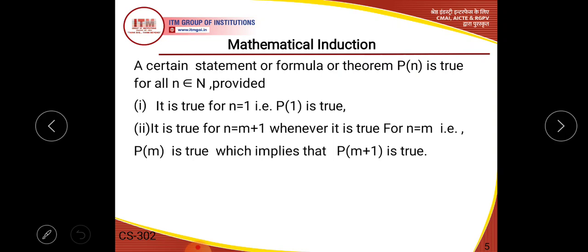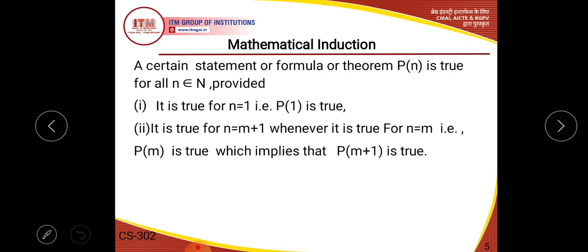Now, definition of mathematical induction. What is mathematical induction? A certain statement or formula or theorem P(n) is true for all n belonging to N, provided first it is true for n equals 1. You have to prove the statement for n equals 1, that is, P(1) is true.